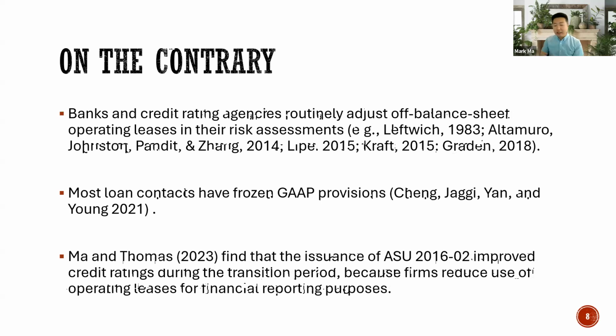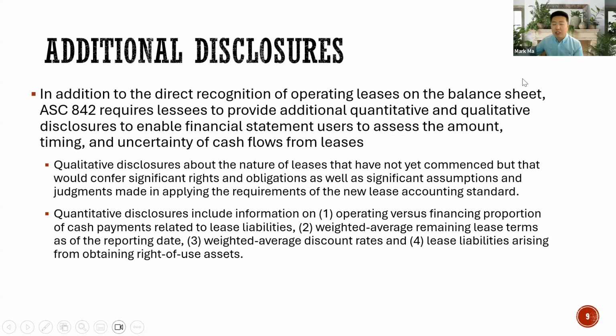And in the current study, we try to look at the impact of the implementation of the new standard. In addition to direct recognition of operating leases on the balance sheet, the accounting standard also requires lessees to provide additional quantitative and qualitative information to enable financial statement users to assess the amount, timing, and uncertainty of cash flows from leases.